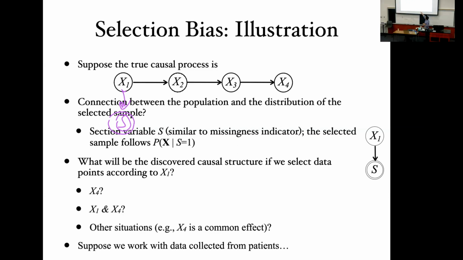What if you have selection on X1 and X4? Now you are going to see that X1 and X4 will not be d-separated, even if you are given X2 and X3, because of this open path, since you are conditioning on the S variable. So if you apply PC here, you are going to see this extra link. Selection bias is almost everywhere.